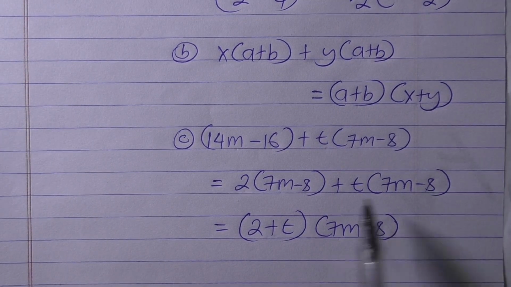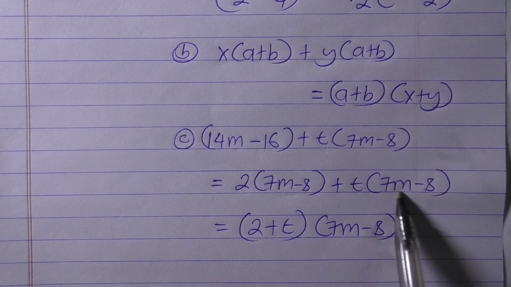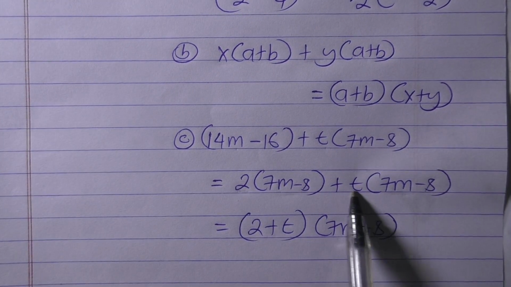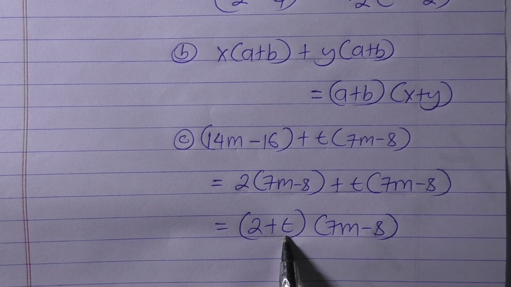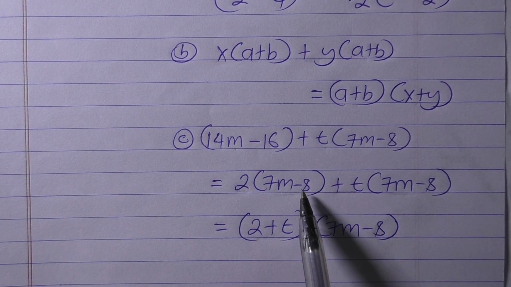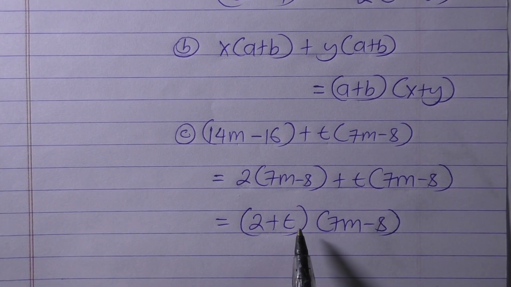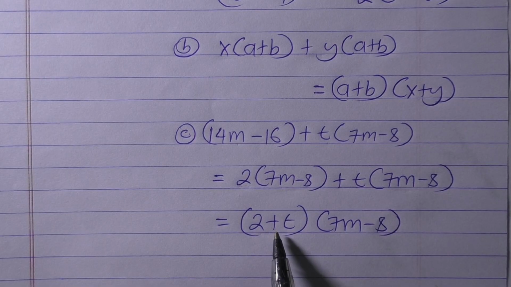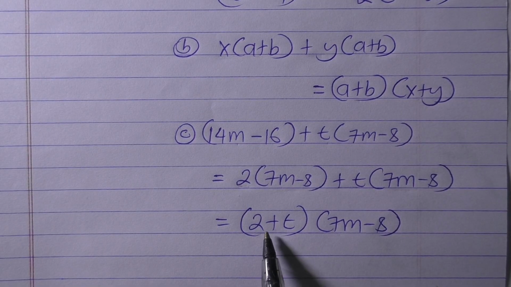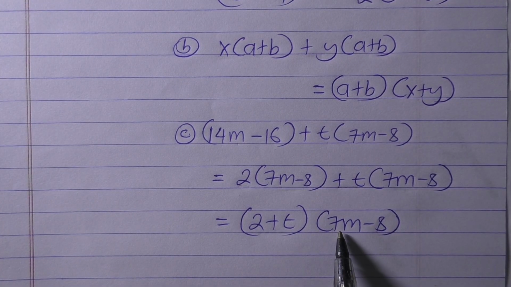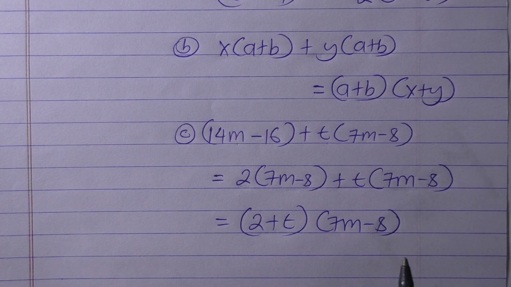So similarly here, since we come up with these brackets as the same, we shall bring these terms outside in a common bracket and we multiply it with one of the brackets, so that we end up with our factorized expression as 2 plus t into 7m minus 8. So that is how we shall be factorizing.